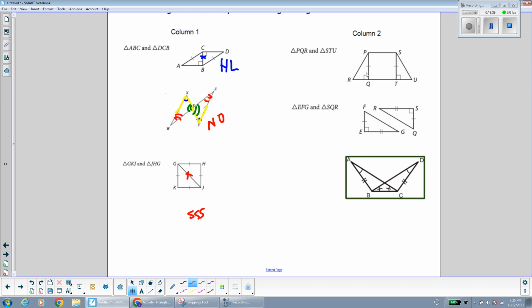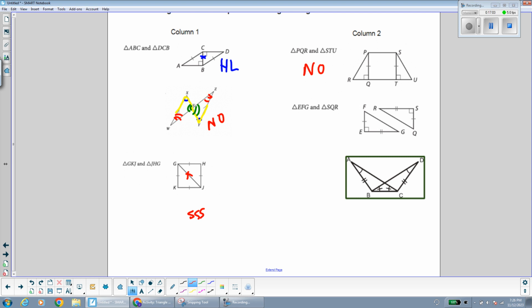We might be thinking maybe this is SAS, but I don't know anything about these sides. You might be thinking maybe it's AAS, but we don't know anything about these angles. So we only have one A and one S, and that is not enough information. These triangles are not congruent. We don't have enough information so far.